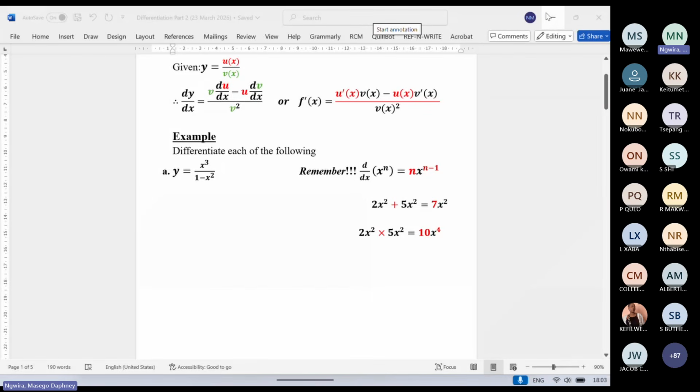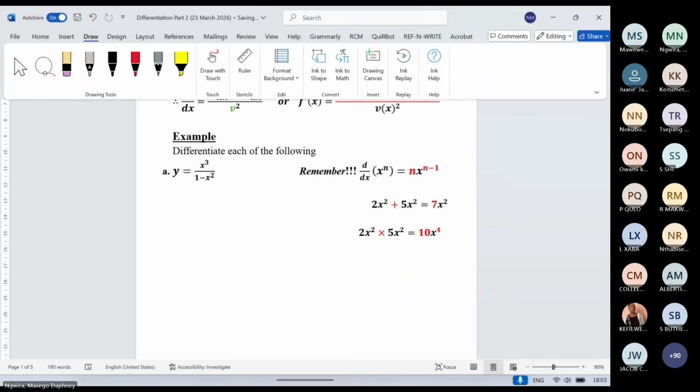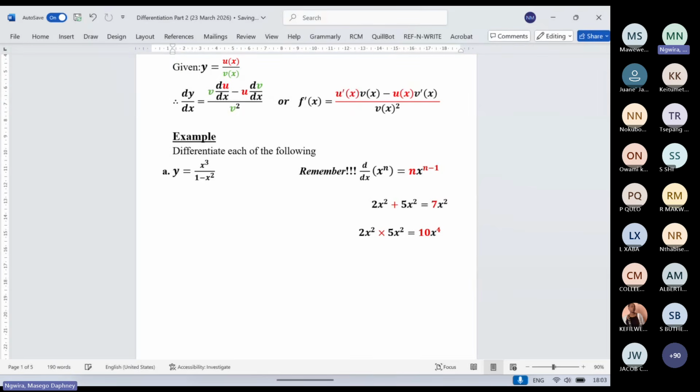So we are going to firstly name our u(x). Let me use red. My u(x) is going to be my numerator, which is x to the power of 3. And then I differentiate u(x).